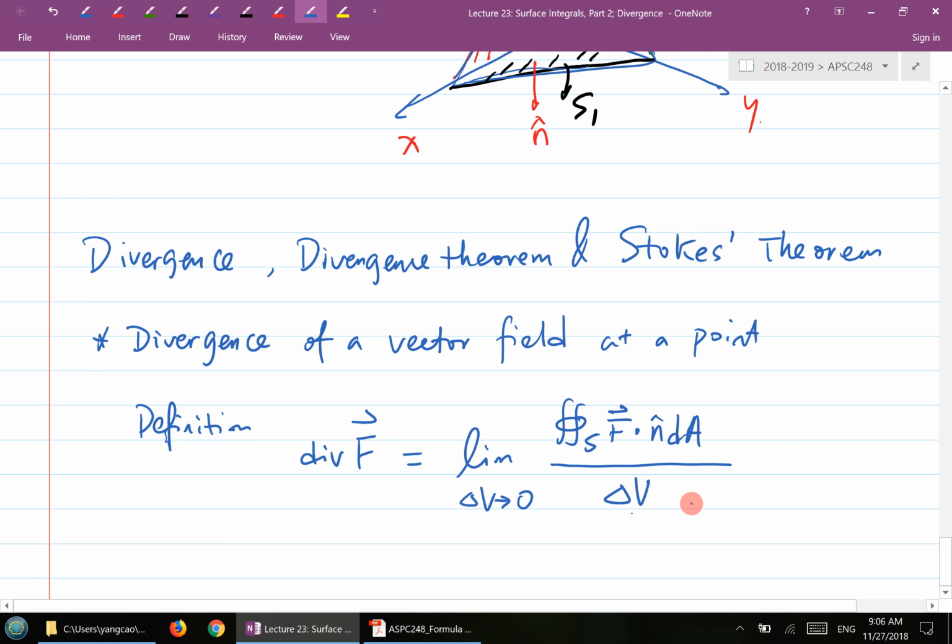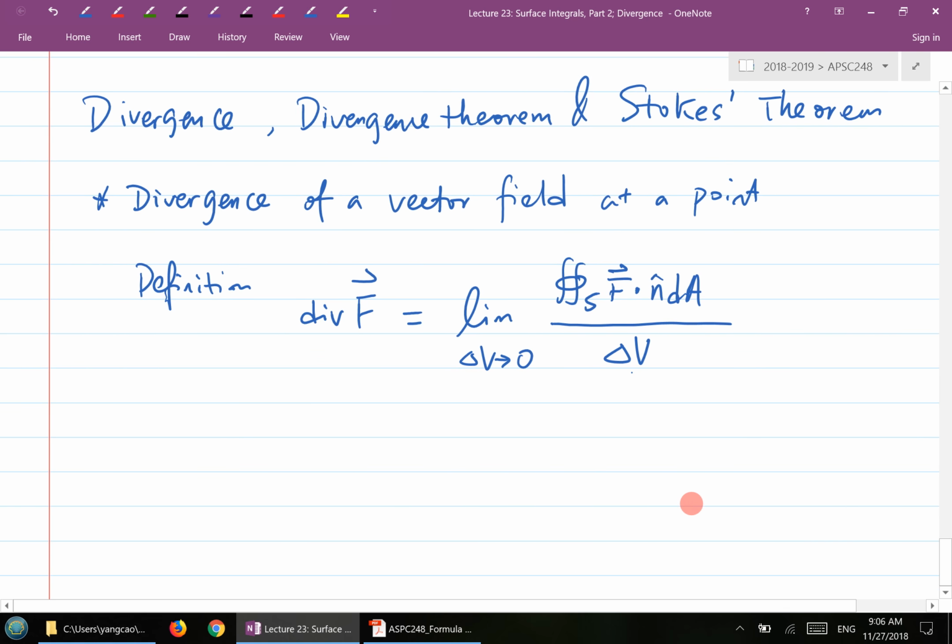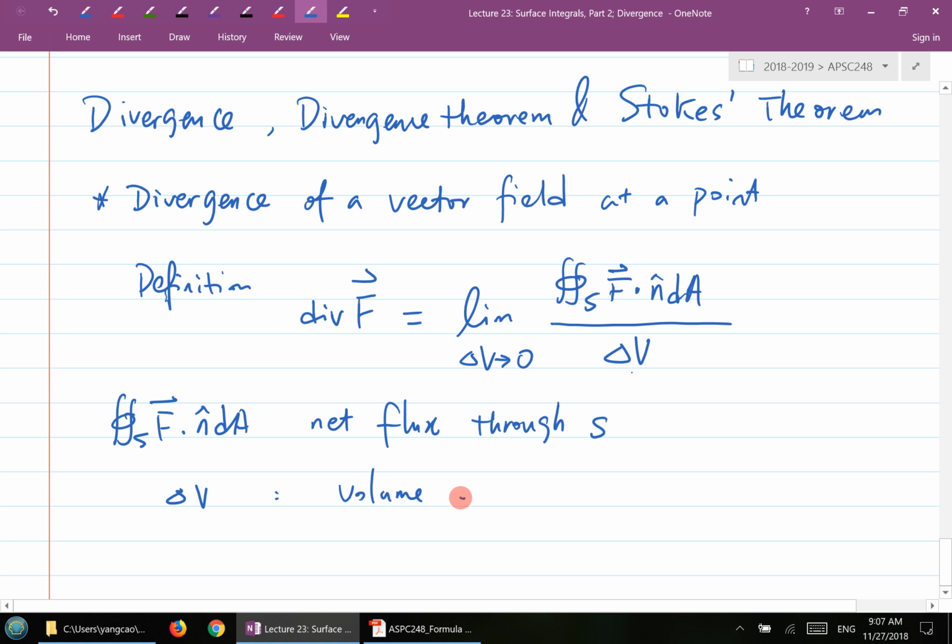The top one here is the net flux through S, and delta V here is the volume enclosed by S.